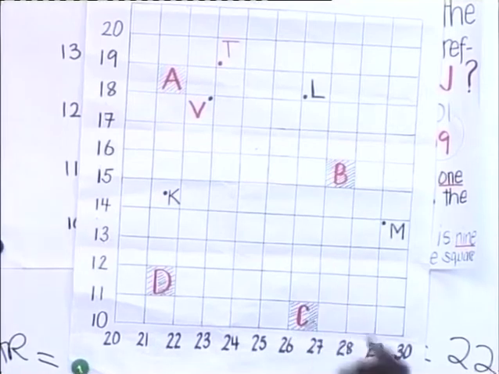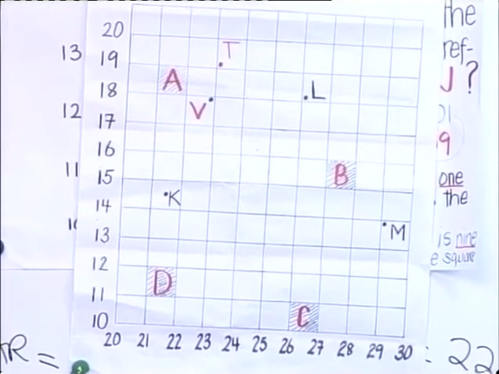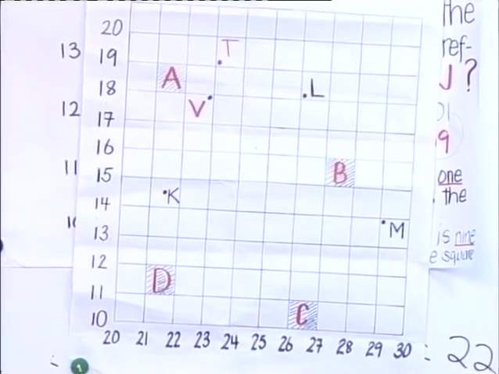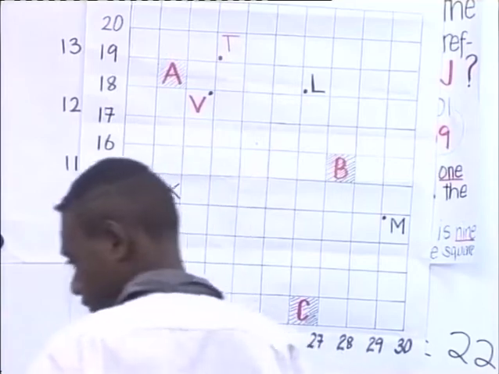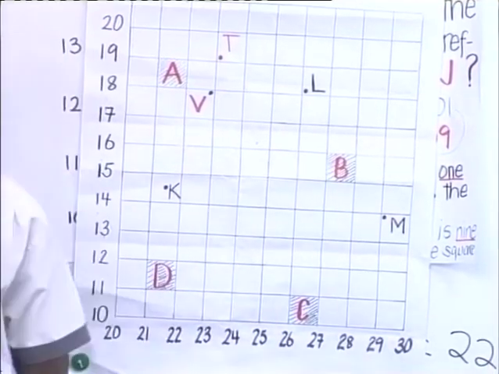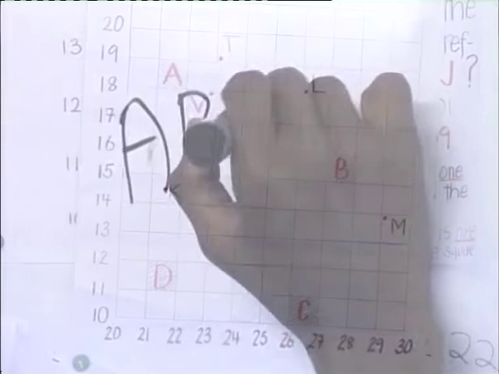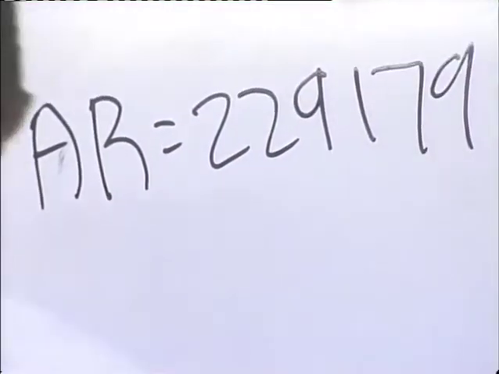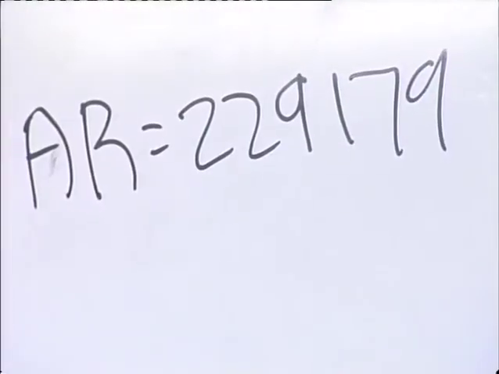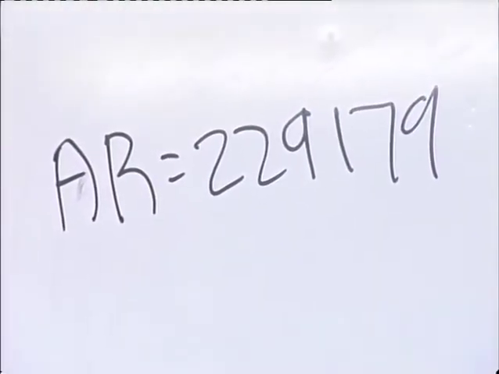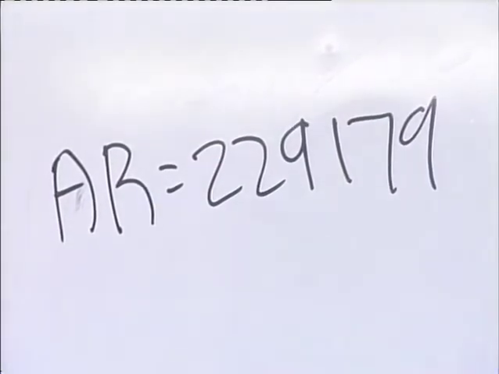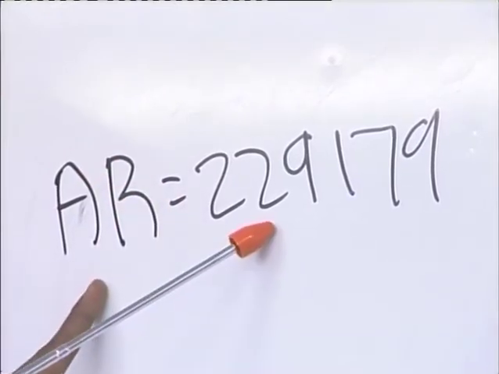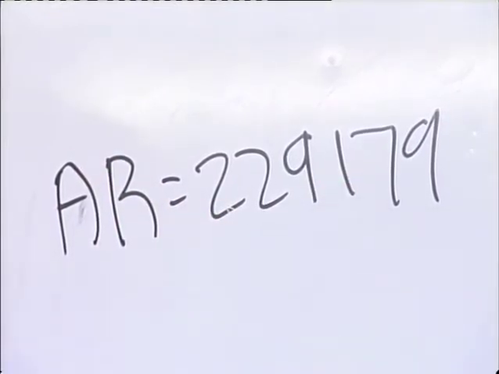Right? Let's have Stephen come up and write your answer, please. For receiving students, you can go up to the board and write your answer for V. Okay, Stephen's answer is 22 9, 17 9.